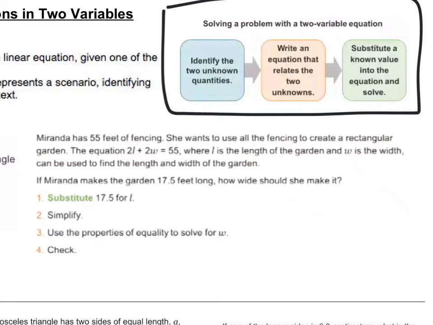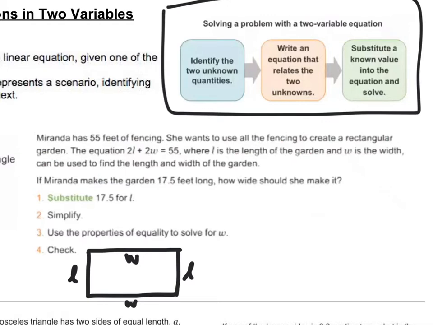Let me draw a picture of this real quick. I want you guys to draw a picture as well, okay? So I'm just going to draw a rectangle here, okay? And we're going to call this length here my length. So then over here, this is also a length. This length here would be a width. Therefore, this would also be a width. Okay?